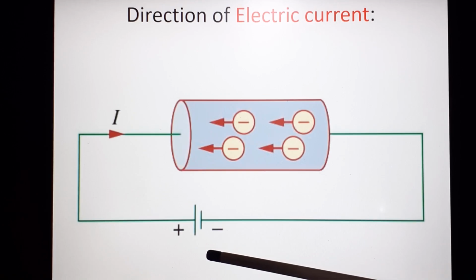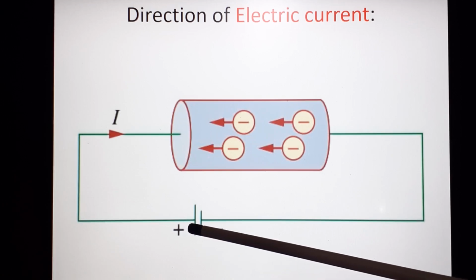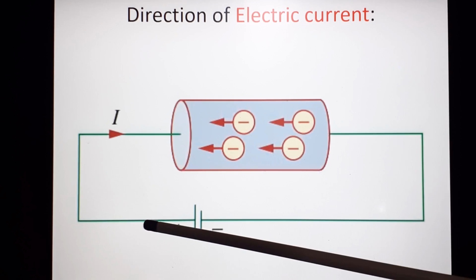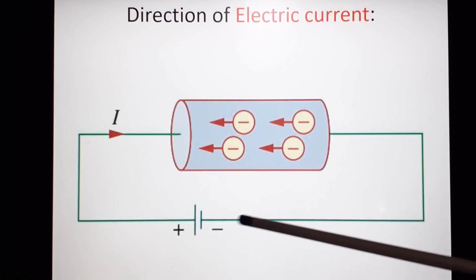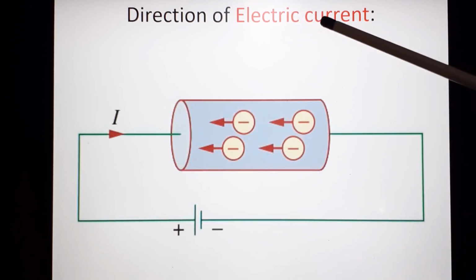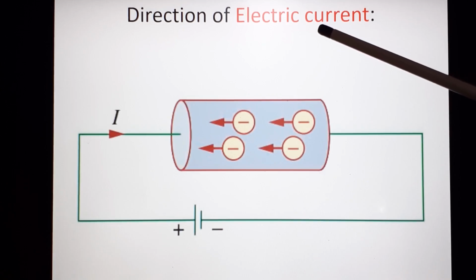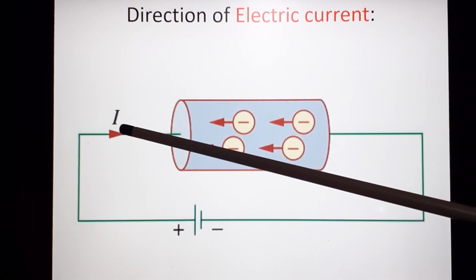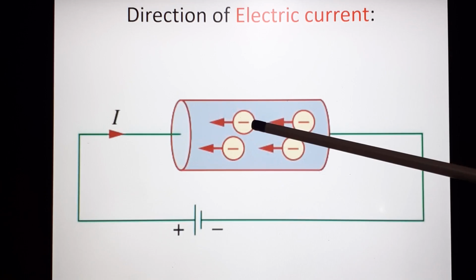In our day-to-day life, we might have observed always energy flows from higher potential to lower potential. So in this case also we are going to consider the flow of current from higher potential to lower potential. So we are considering conventional current flowing from positive terminal to negative terminal. So when we talk about electric current, we are dealing only with conventional current and not the electrons flow.